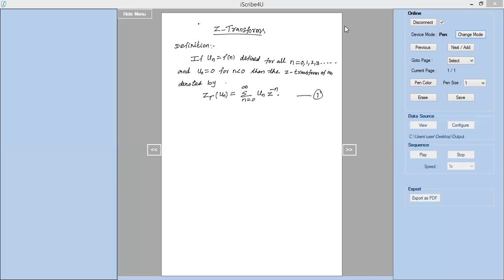Whenever this contains a series, this series converges when the RHS of equation 1 converges.